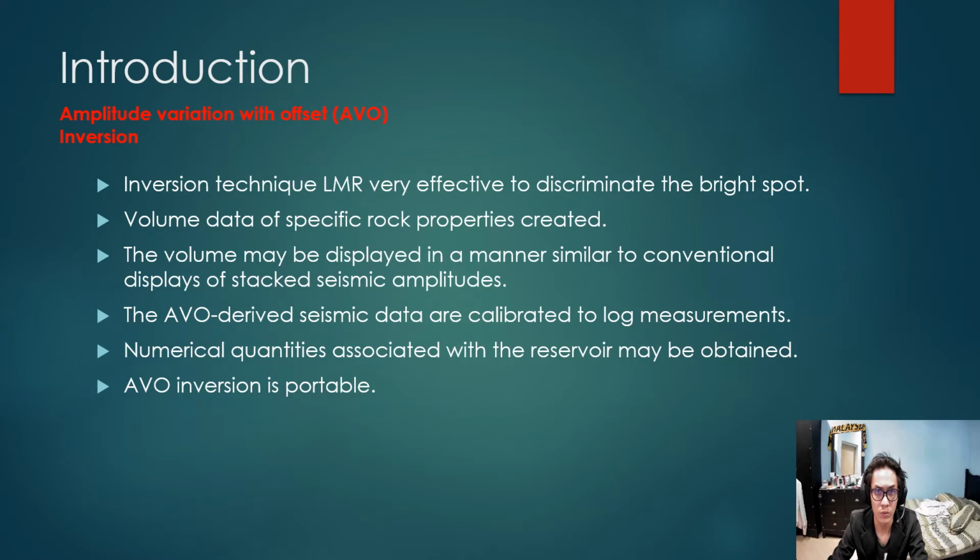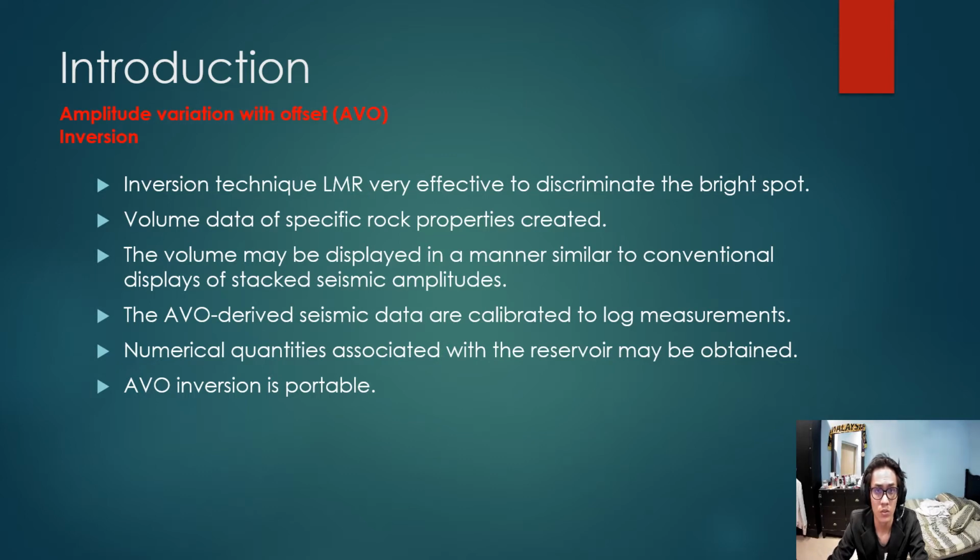Through the AVO inversion, data volumes can be created of specific rock properties represented by the seismic attributes, which incorporate amplitude with offset behavior derived from the pre-stacked seismic data. These volumes may be displayed in a manner similar to the conventional display of stacked seismic data amplitudes and can be interpreted in somewhat similar fashion.